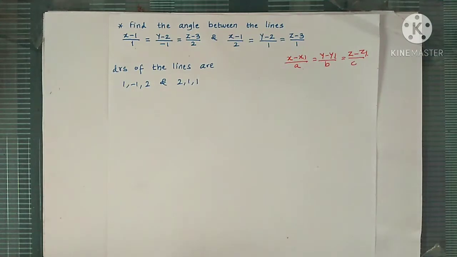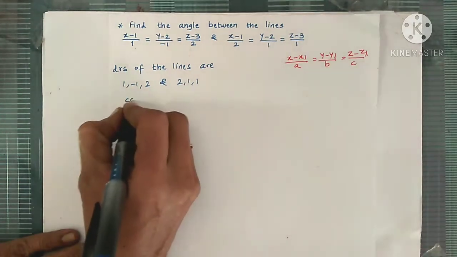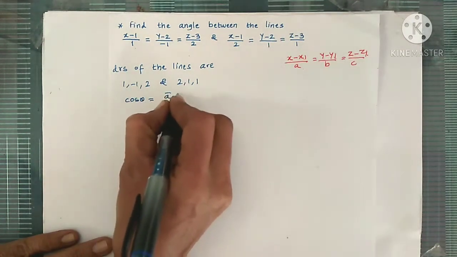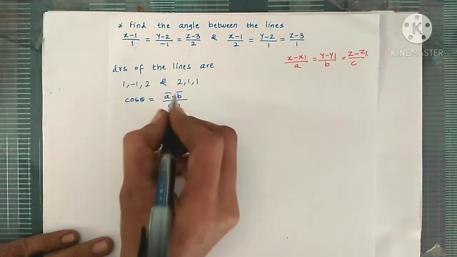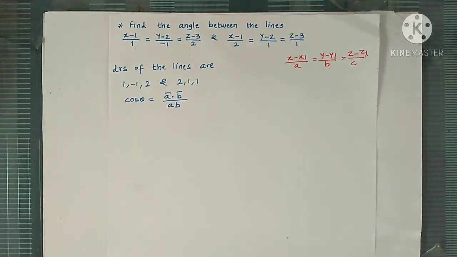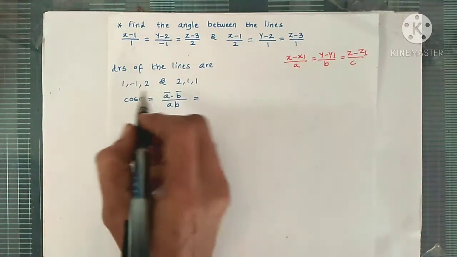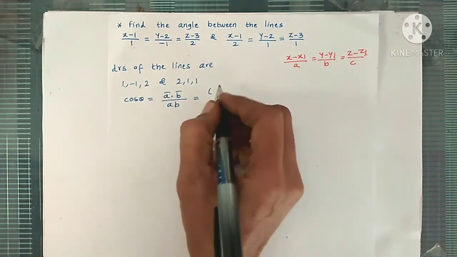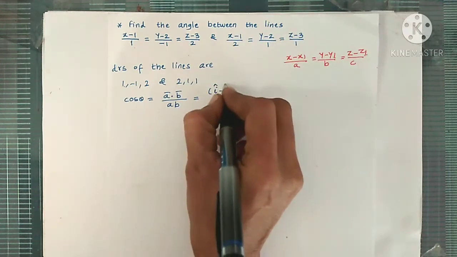If the direction ratios are known, we can find angle between two lines using the formula cos theta equal to a bar dot b bar divided by modulus of a bar modulus of b bar. Let's write in terms of i, j, k first, and then find the dot product.